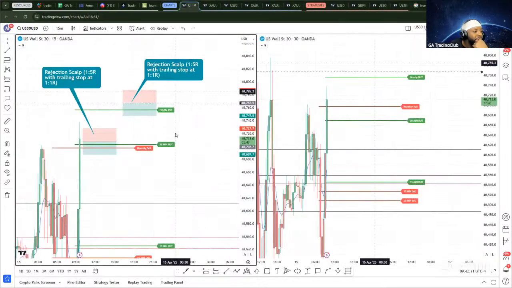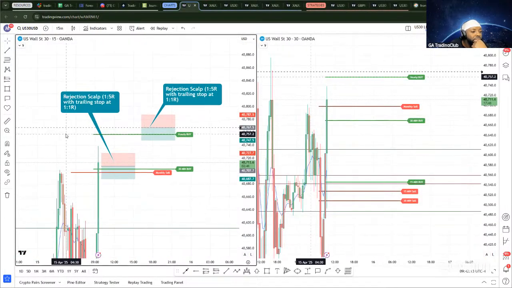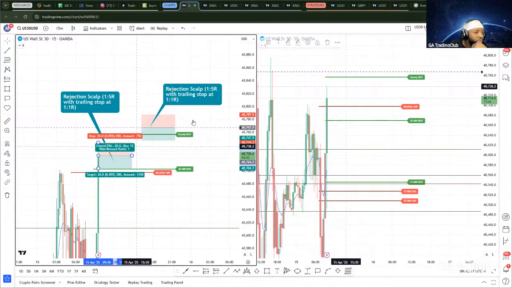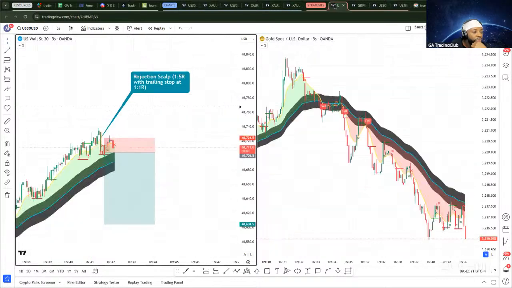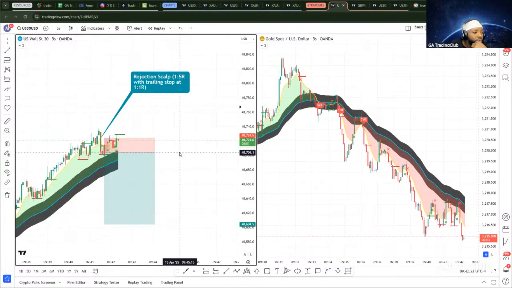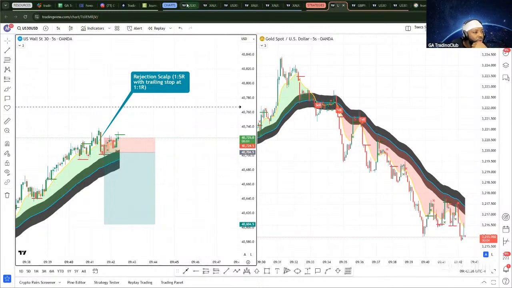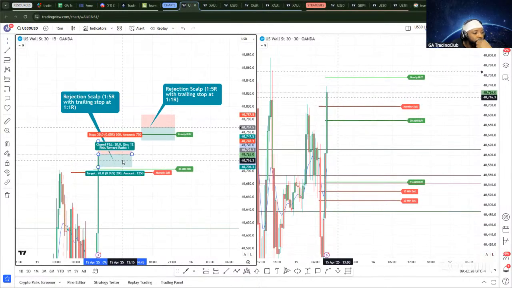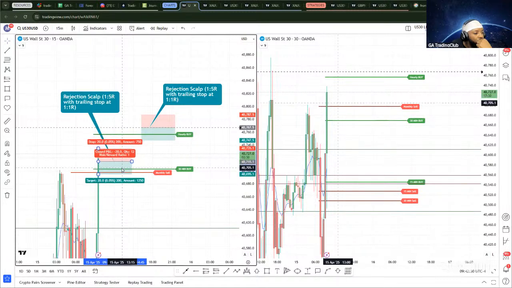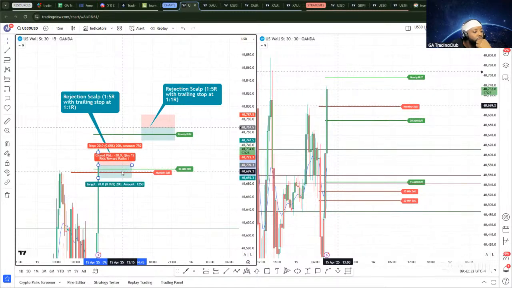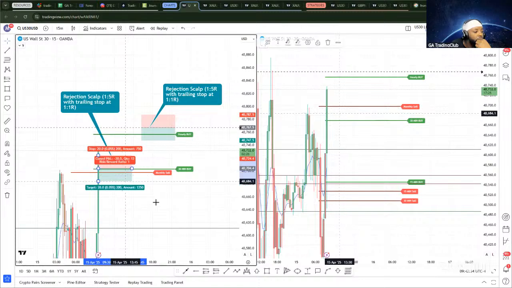There still is this one area above here, which is an hourly entry, but unfortunately this one based off of the monthly got stopped out. So this is 4704.